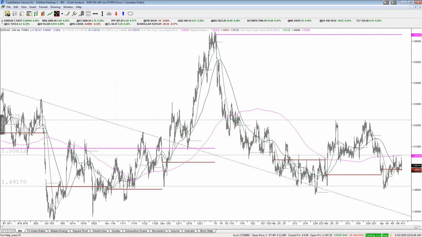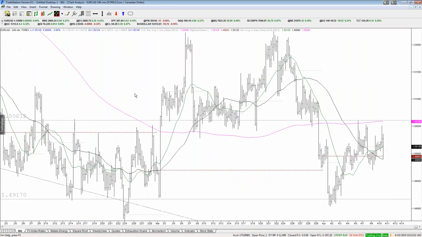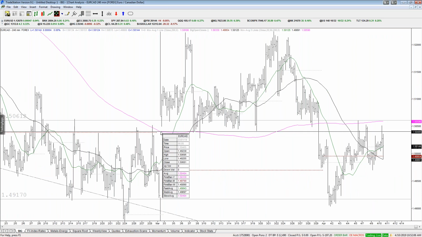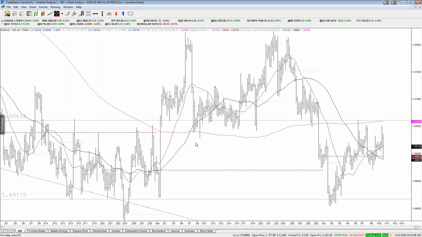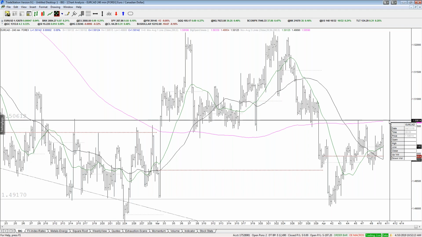It established resistance and support on it back in September. It's not precise all the time, but it's something to be aware of. Even recently, the break above it here back on March 1st came back, hit it as support, then broke down, resistance. So that might be something to pay attention to.